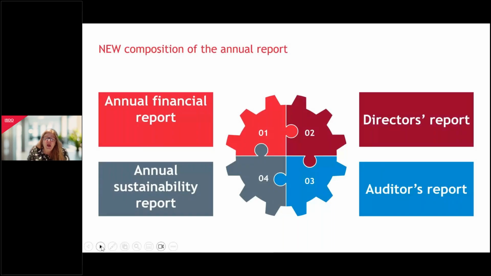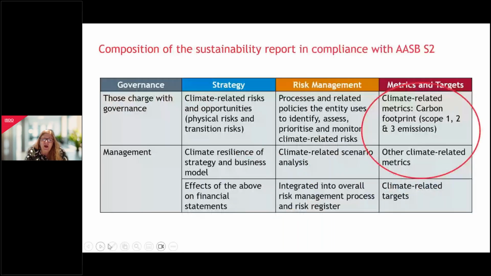Now, what we know is, if you look at a bit of a helicopter view of AASB S2, it's got 4 pillars. We've got the governance pillars, the strategy pillar, the risk management pillar, and then very importantly, lucky last, the targets pillar.